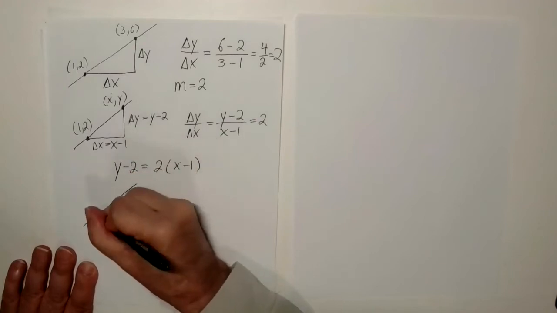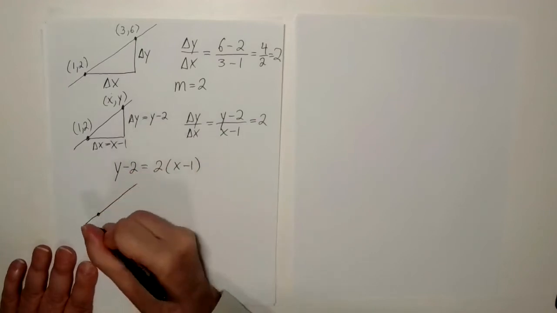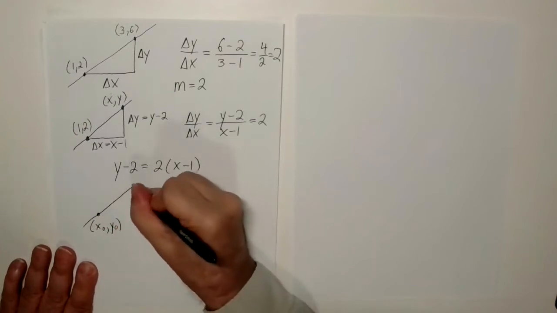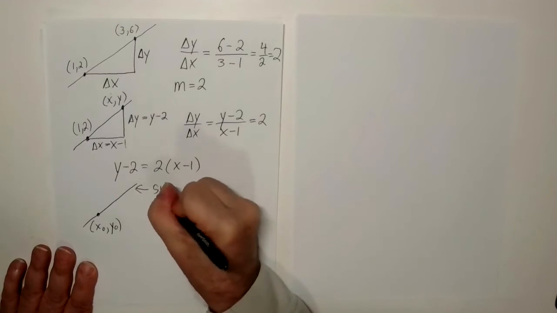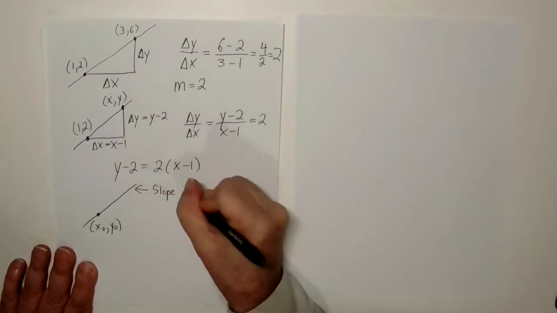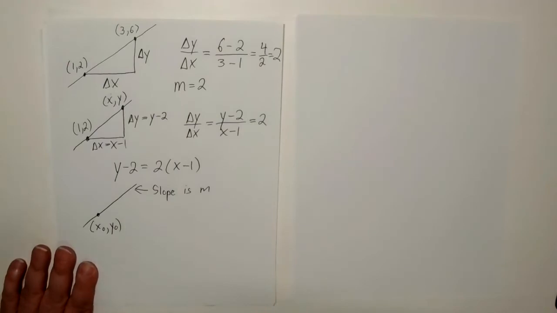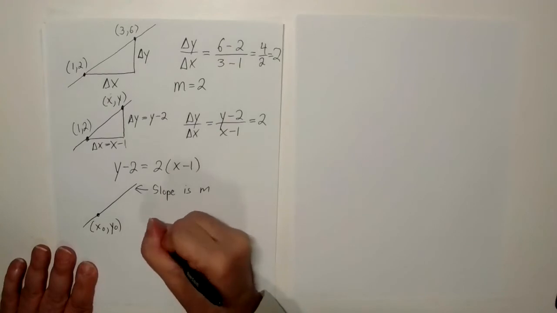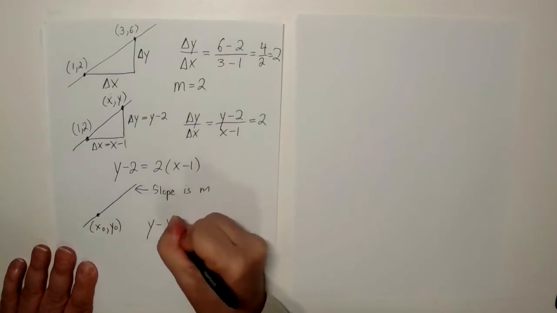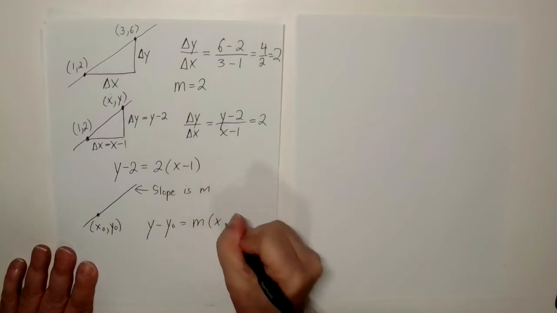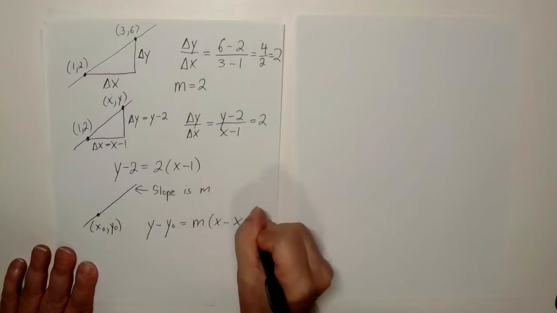More generally, if this point here is some point we know is on the line, which I'm going to call (x naught, y naught), and the slope here is m, the point slope form is y minus y naught equals m times (x minus x naught).